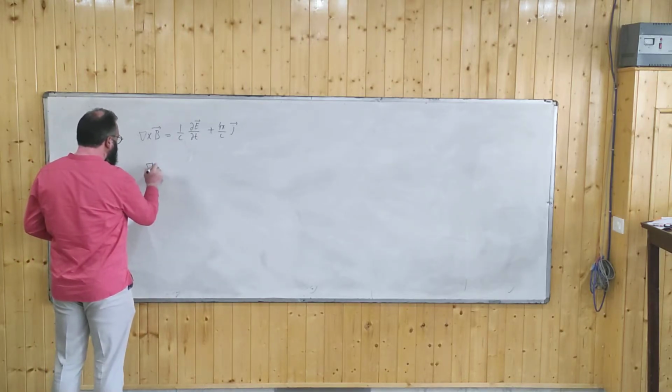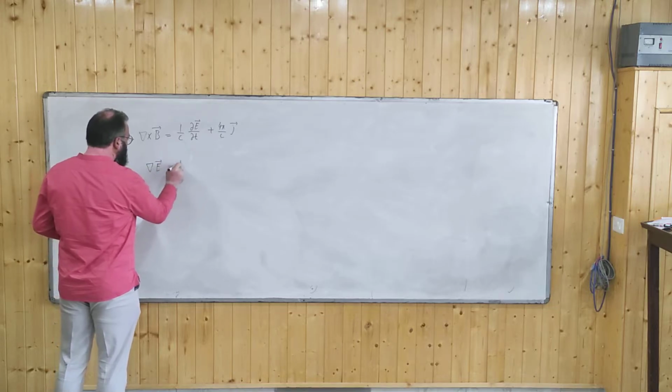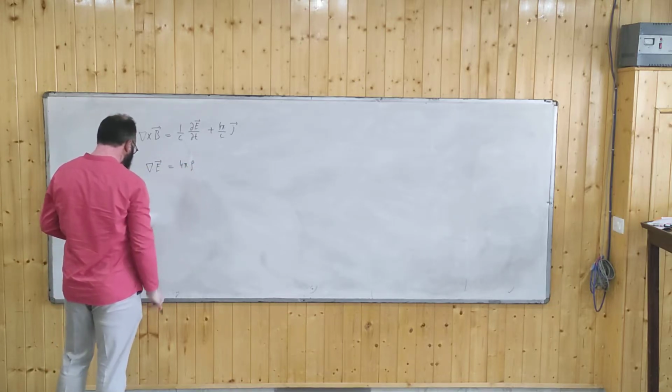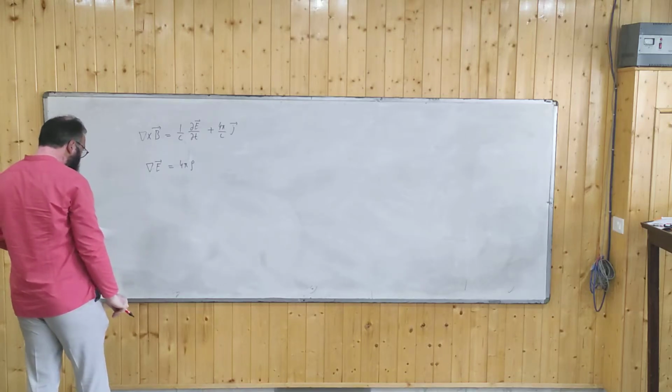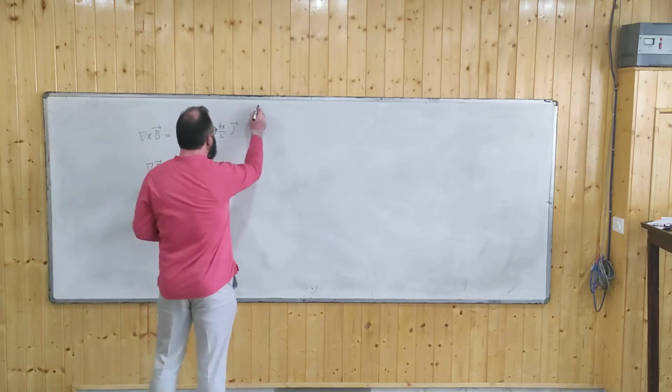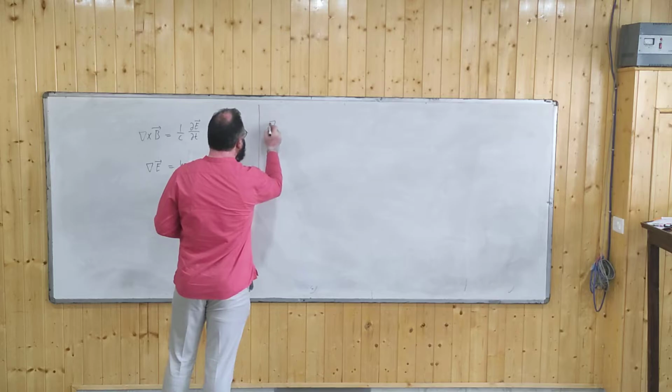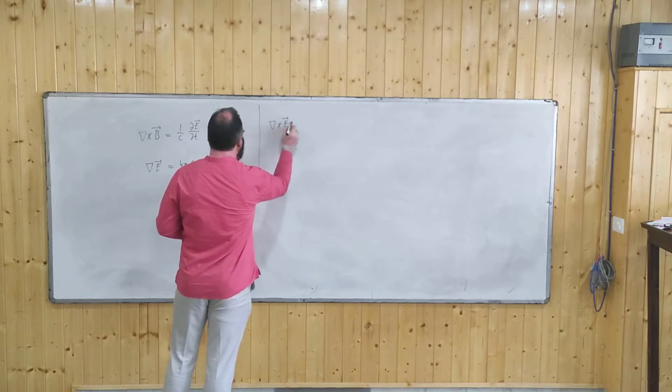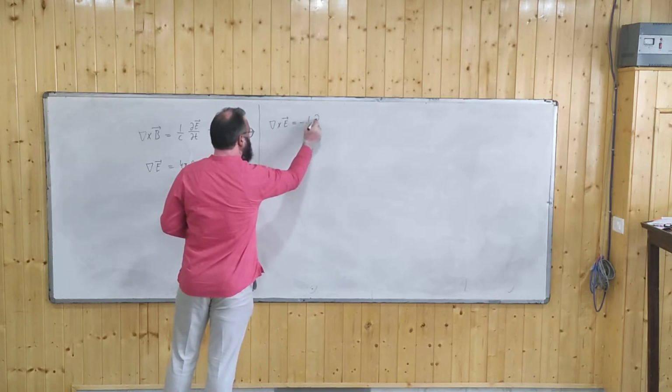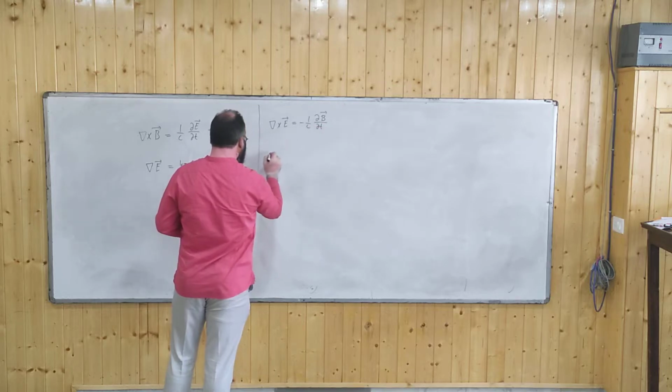Then you are having del dot E equal to 4 pi rho. Clear? Also you are having these two equations. Curl of E is equal to minus 1 by C partial B by partial T.